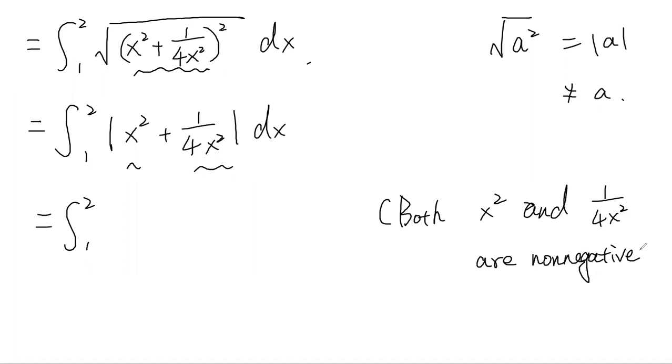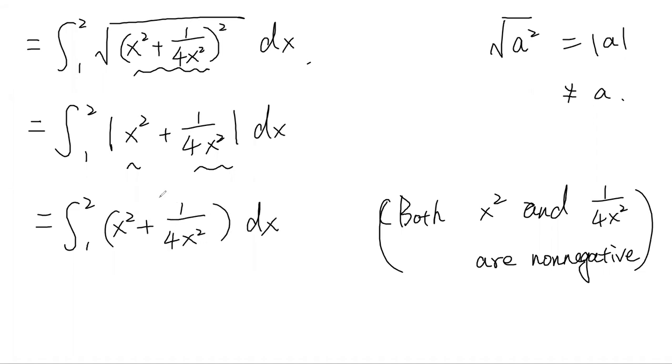So the sum of these two terms must also be non-negative. So the absolute value doesn't make any difference here. You can just write x squared plus 1 over 4x squared. It is true for this example, but it may not be true for other examples.